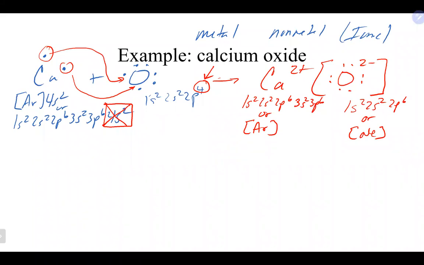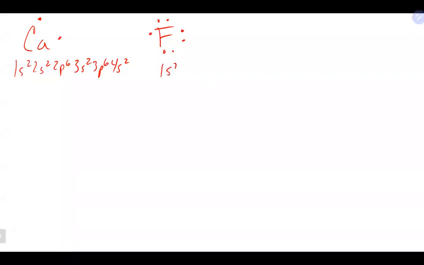So let's take a look if we actually combine maybe 2 things we just did, which is if we take our calcium, which has its 2 valence electrons, and it's got its 1s2, 2s2, 2p6, 3s2, 3p6, 4s2. And we take a fluorine here, which is 1s2, 2s2, 2p5.